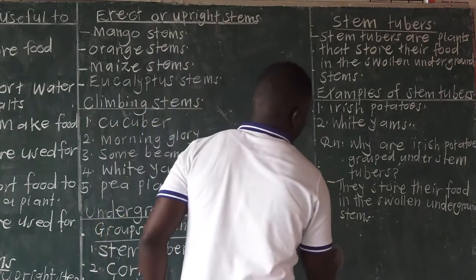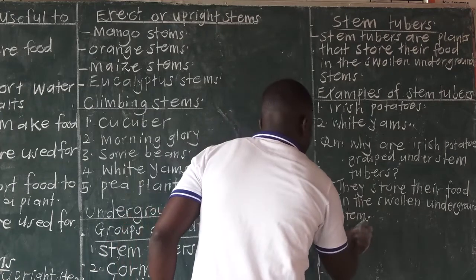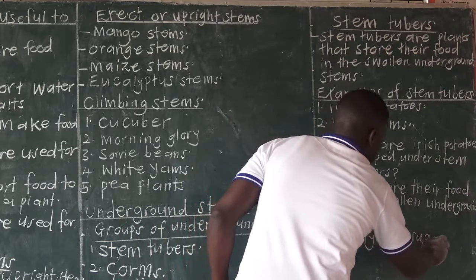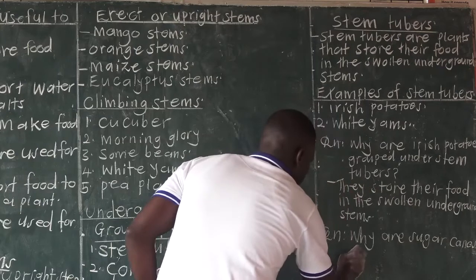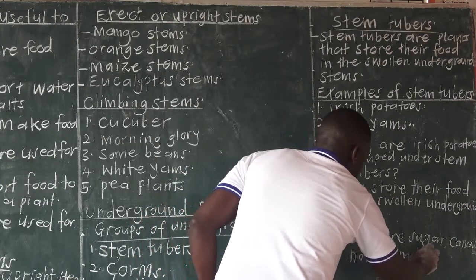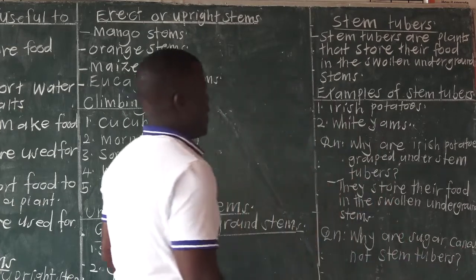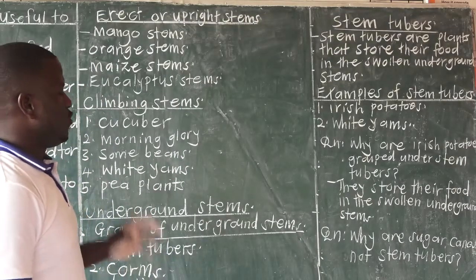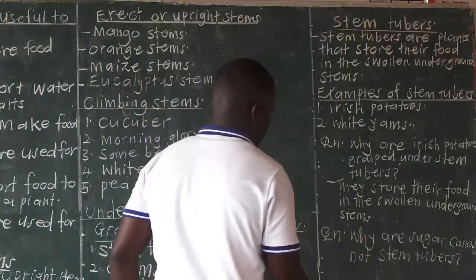Another question. Why are sugarcanes not stem tubers? Sugarcanes do not store their food in the swollen underground stems.